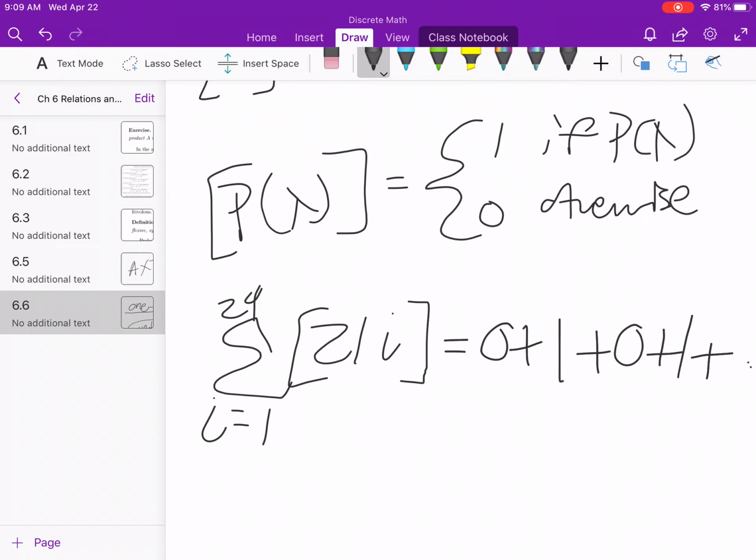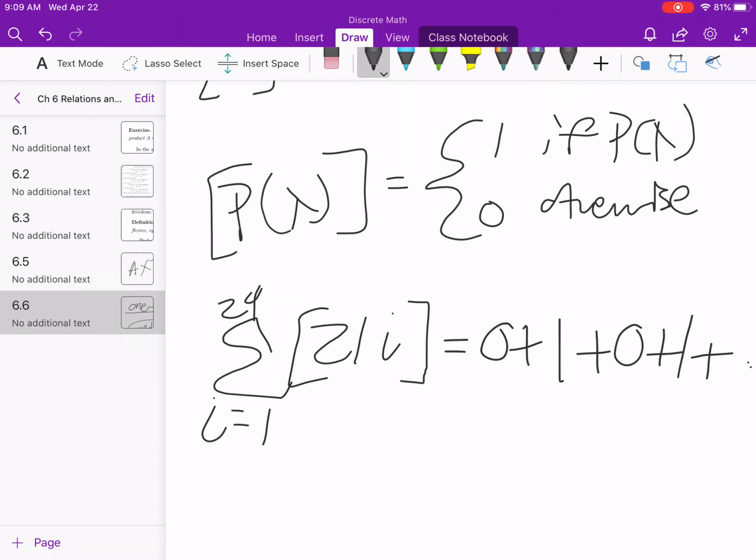So what I'll get is just a bunch of zeros and ones, and I'm going to add them up. So the Iverson bracket is allowing me to count. It's giving me a systematic way of counting the number of even numbers between 1 and 24.